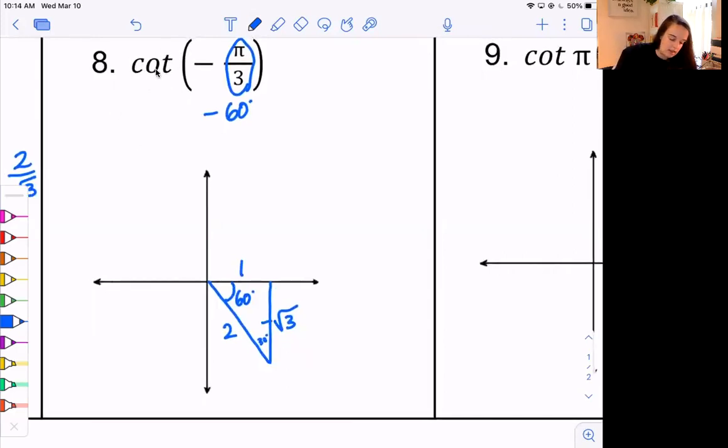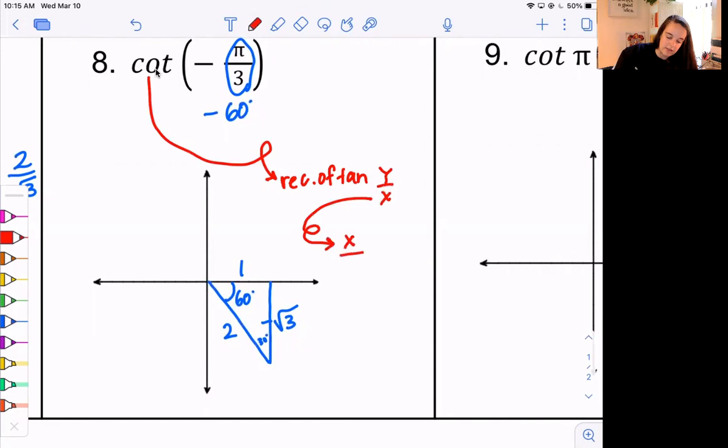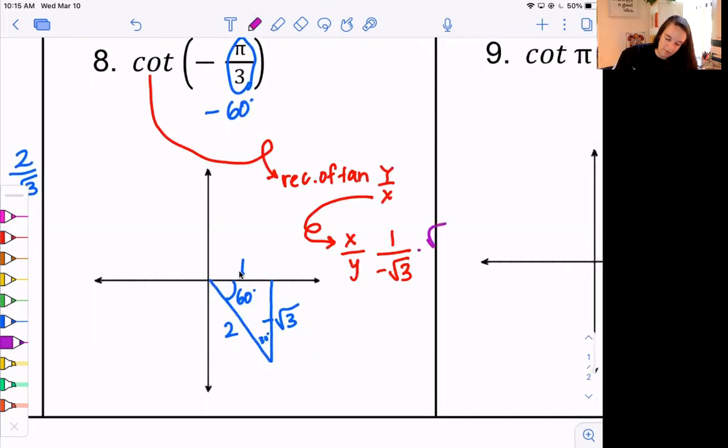Cotangent is the reciprocal of tangent. Tangent is y over x. So when we flip this over, we're going to have x over y. So x would be 1. Y would be negative square root 3. So we're going to simplify square root of 3 on top and bottom. I get square root of 3 over 3. Push that negative out in front. This is my answer here.